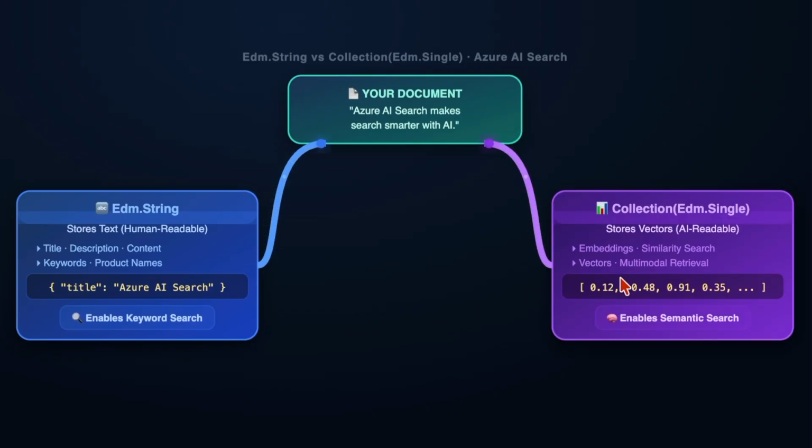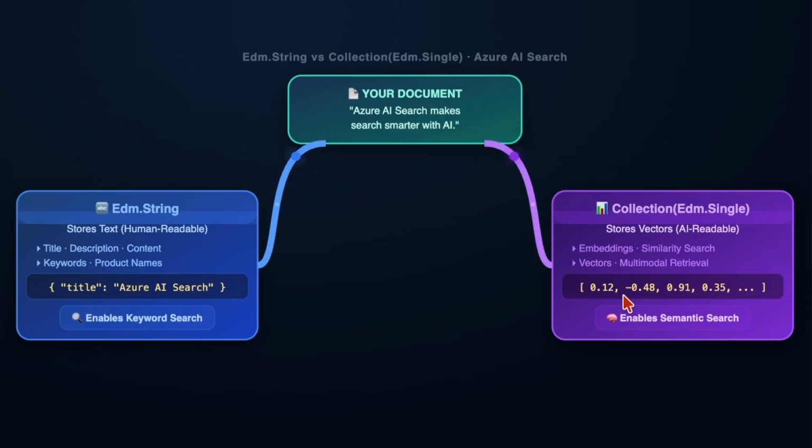Now let's look at the right side, Collection(Edm.Single). This one looks completely different. Instead of storing words, it stores numbers, a long list of floating point numbers. Like this, 0.12, minus 0.48, and so on. What are these numbers? These are called vectors or embeddings. Here's the simplest way to think about it.